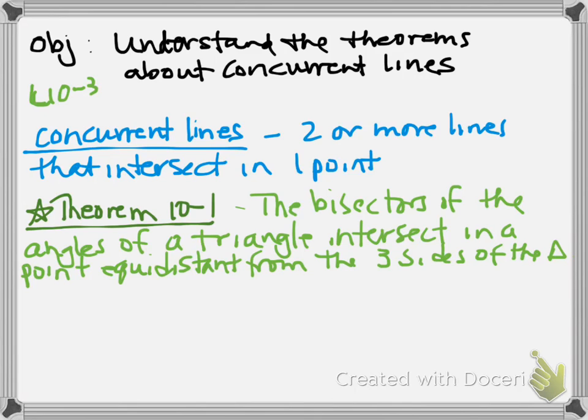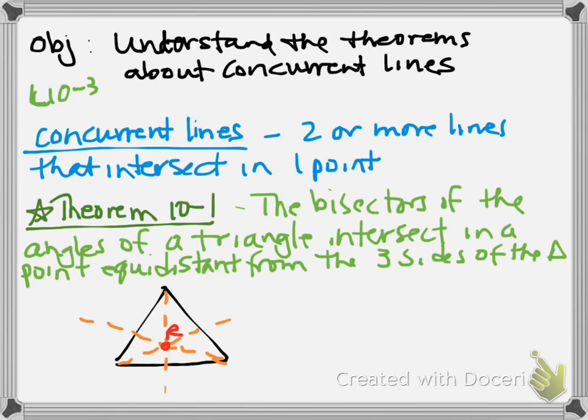So let me draw a picture of our triangle. And if I bisect each of these angles, what we find out is that those bisectors all intersect in this point. Okay, let me put some letters on my triangle.